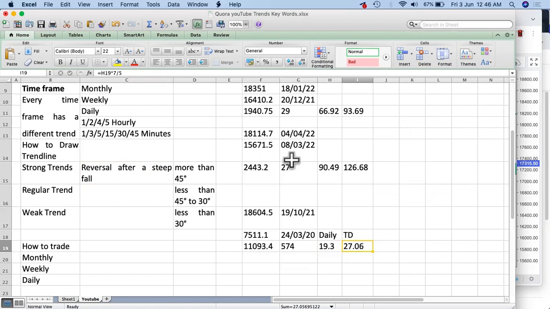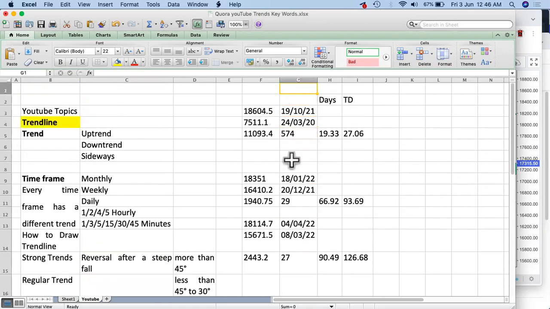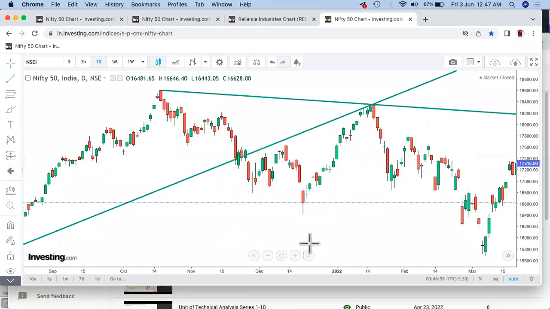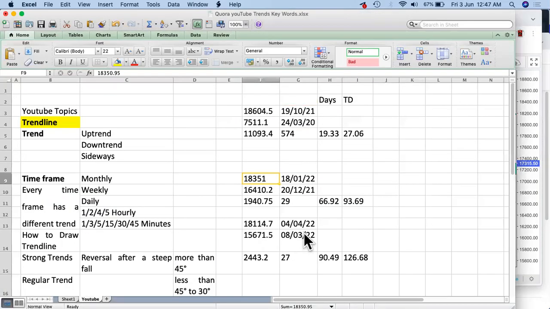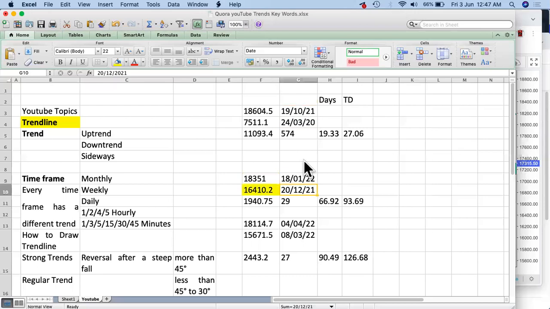Again, we saw for the same day, I'll just mention those dates over here so it will be easier for calculation. If we see the low which was there, it was 16410.2. I'll just mark this in yellow probably. And the date was 20/12/21, right?